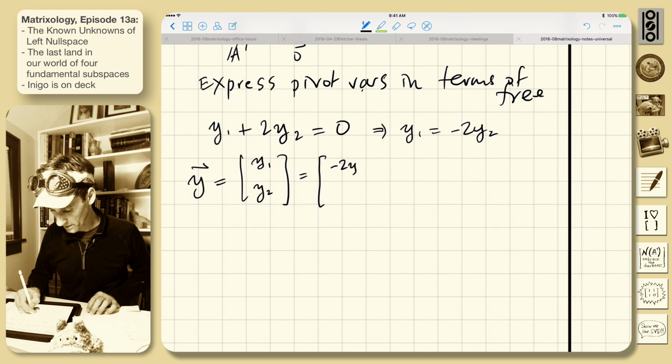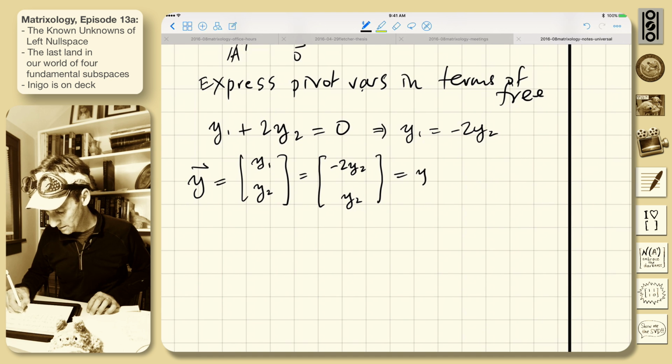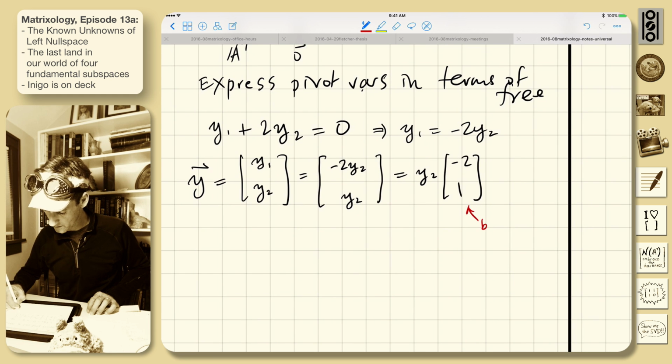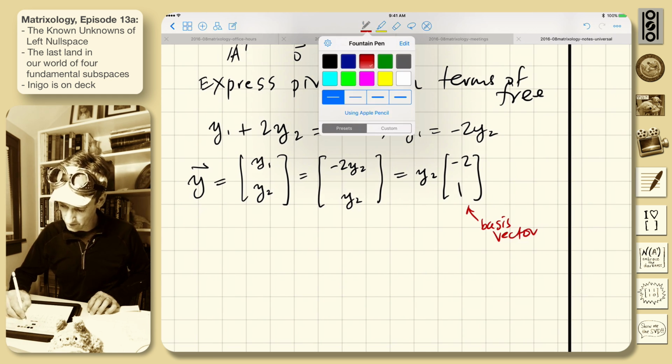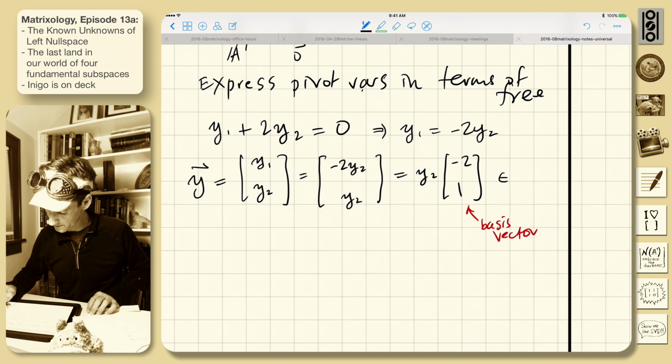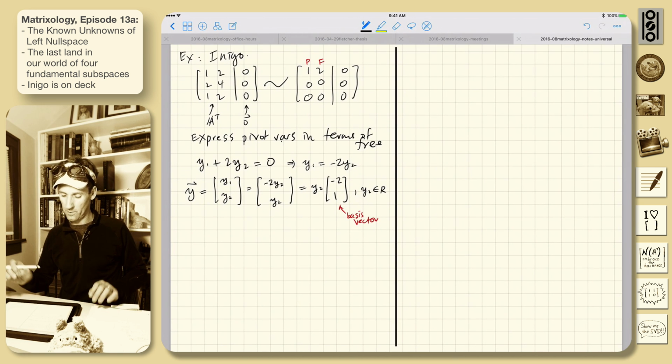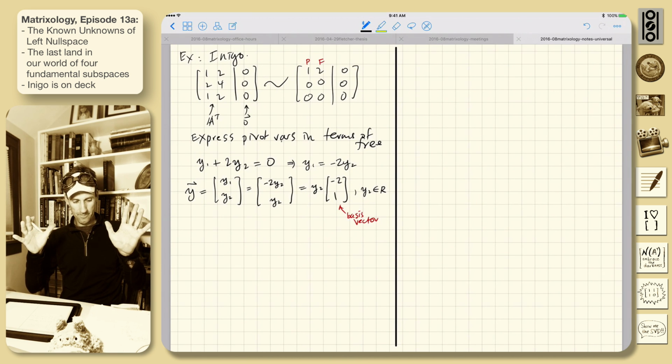So this is a basis vector because there's only one of them. And y2 can be anything, it's a free variable. Good?